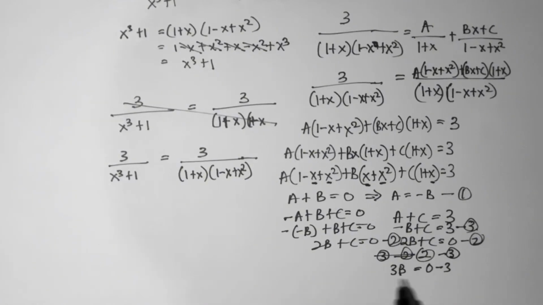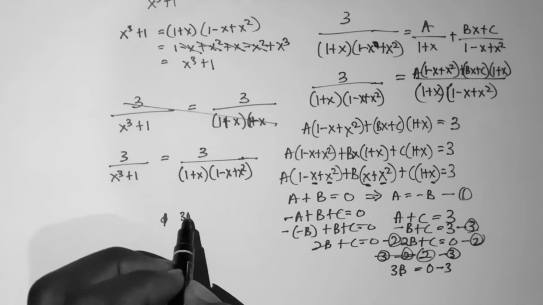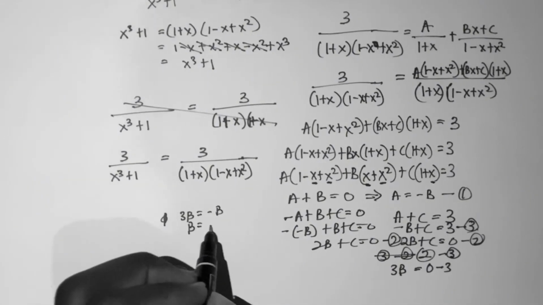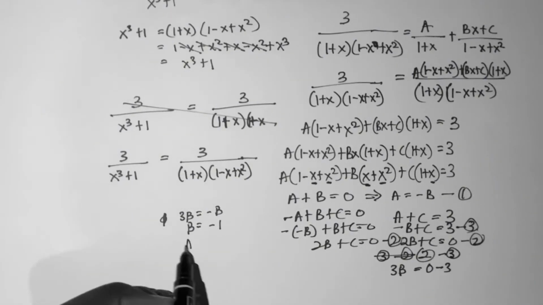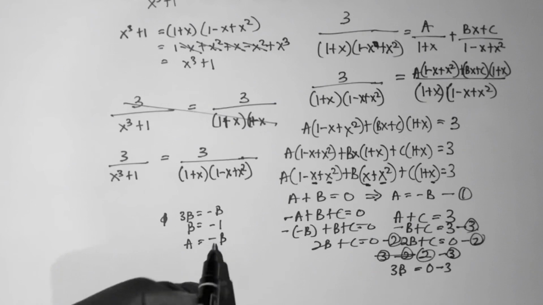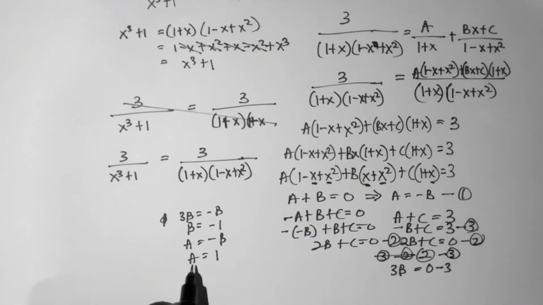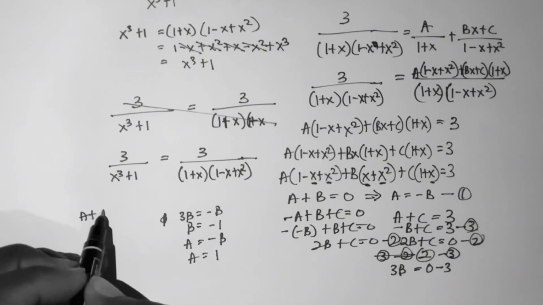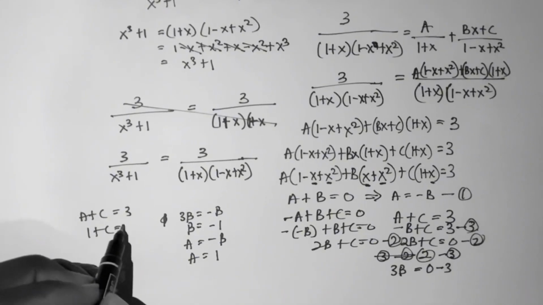So 3B is equal to minus 3. So B is equal to minus 1. Now that we have gotten B, we know that A is equal to minus B from equation 1. So it means that A is equal to 1. And then from equation 3, we know that A plus C is equal to 3. So A is 1, 1 plus C is equal to 3.